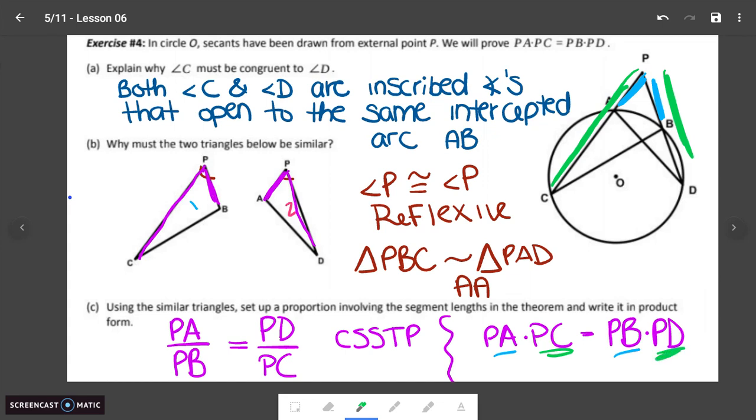So I just proved to us why we can always use that as our secant rule. We also know that if it was a tangent and a secant, it's tangent squared because the tangent's outside and it's the whole thing. Now remember, the only reason why we don't have a tangent rule on here is because we've already talked about that. If you have two tangents to the same outside point, they're always equal to each other.